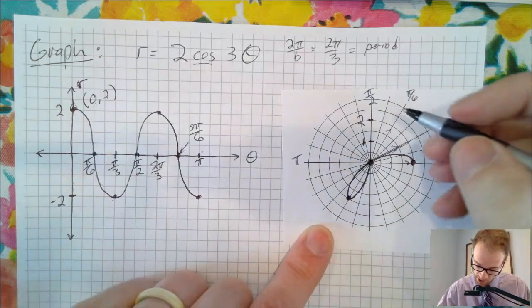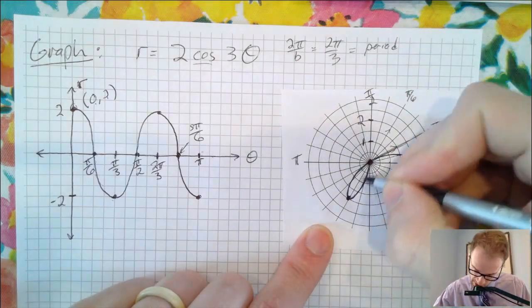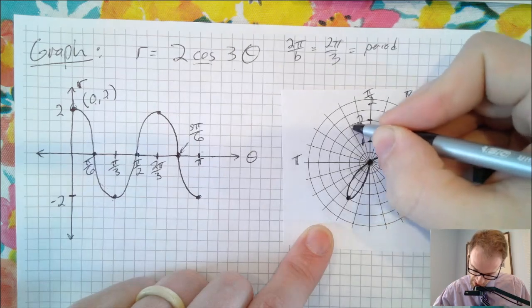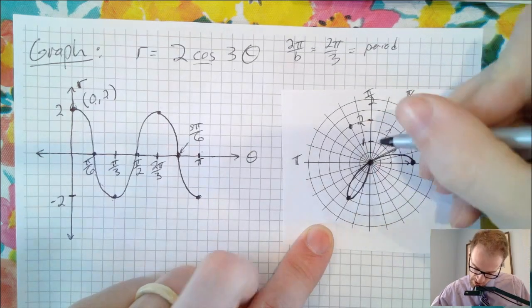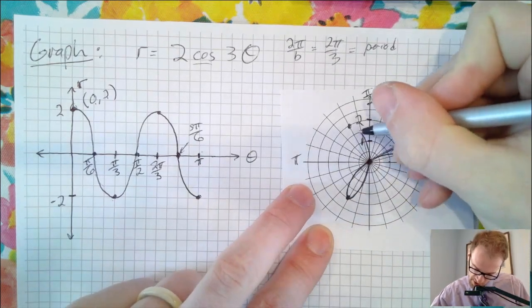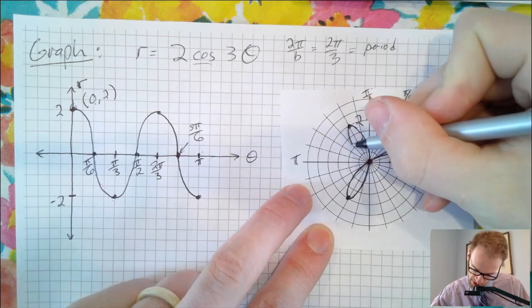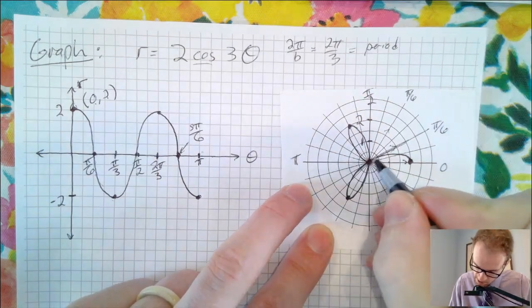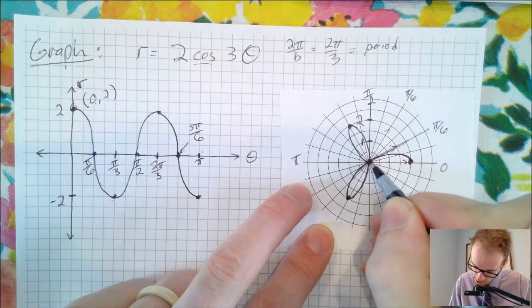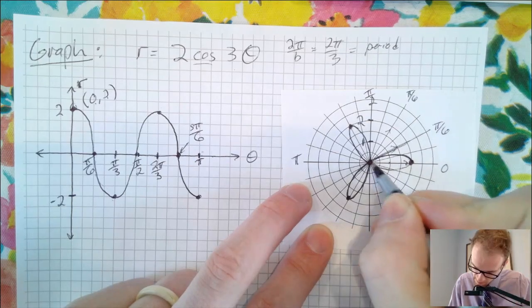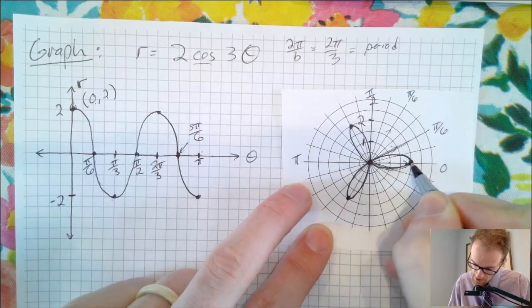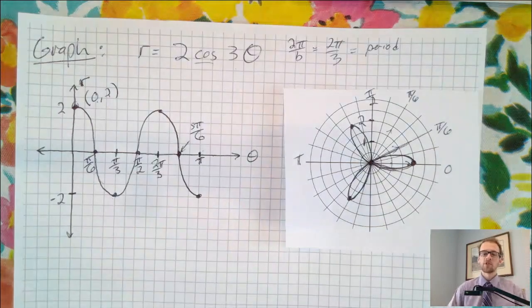So that's what I'm going to go ahead and do. Let's see, so right there is going to go to here, and this curve does this and flips back around, and then this part of the curve will be flipped underneath here, so I'm going to have something like that. Okay, and we get a beautiful symmetric rose graph.